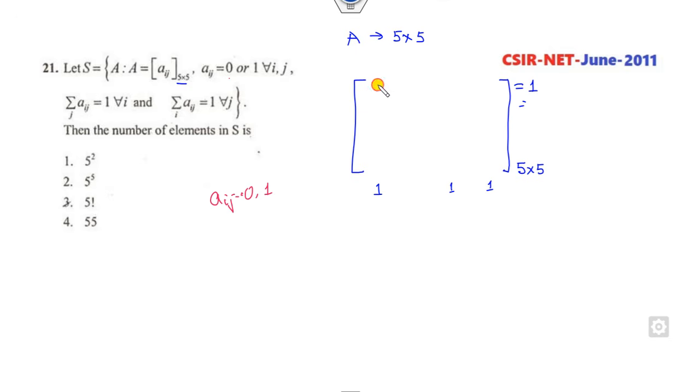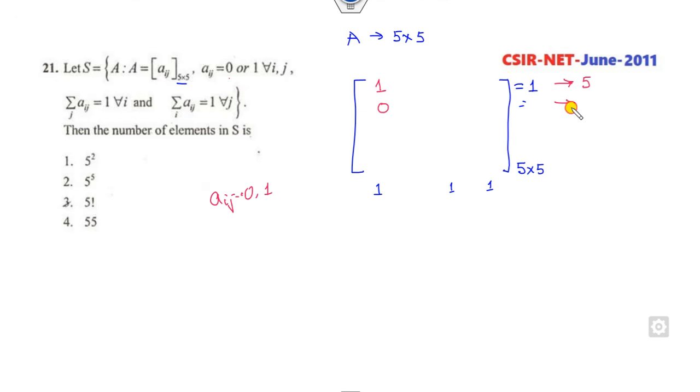For example, if I put a 0 here, either you can put a 1 here, or you may put 1 in the second column, or in the third column, such that the row sum will be 1. How many choices do you have in the first case? That is 5. In the second case, this value will definitely be 0, because you already have column 1 and row 1 as 1.